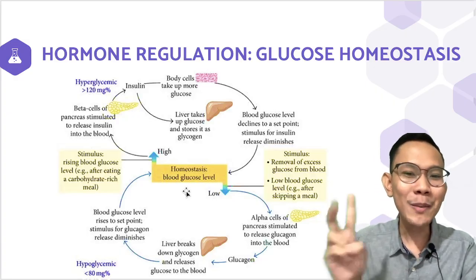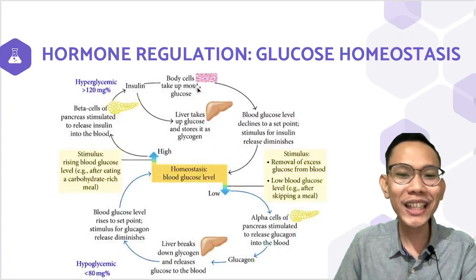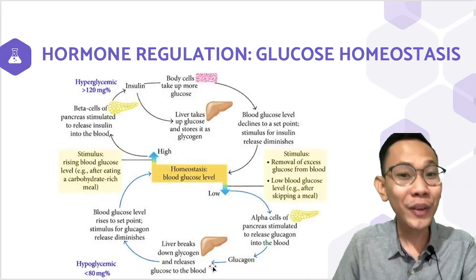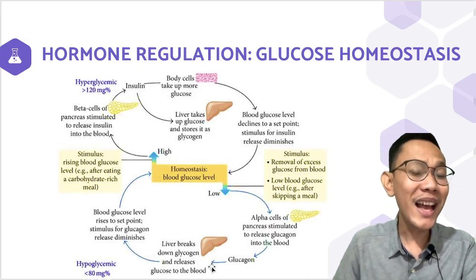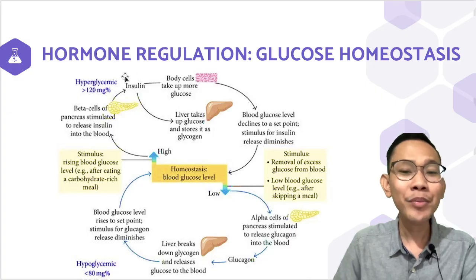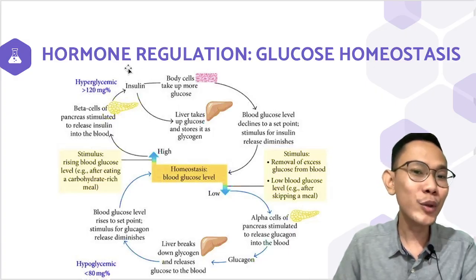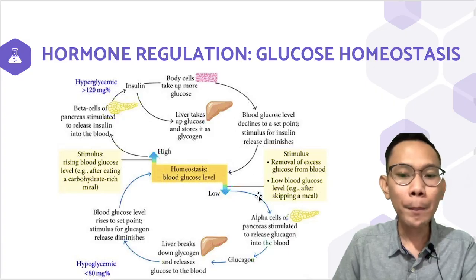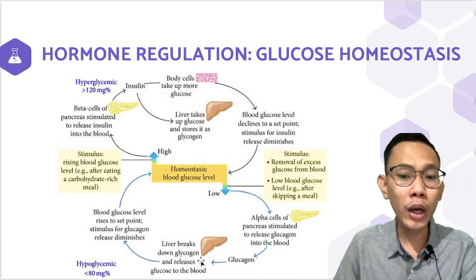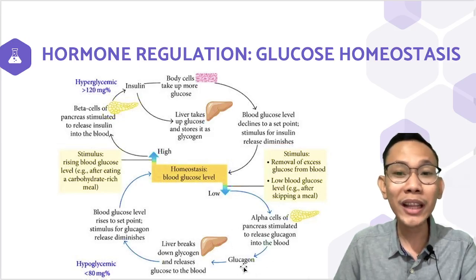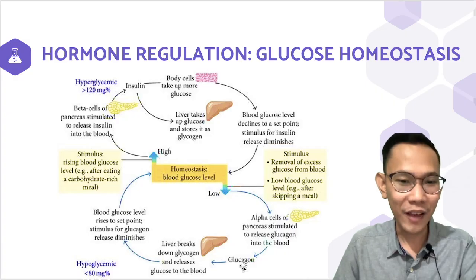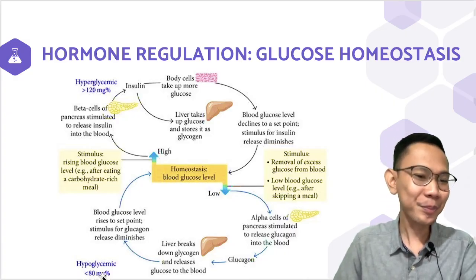So again, the two most important hormones na diniscuss natin dito is your insulin and your glucagon. Their effect is opposing. Pag mataas ang sugar level, insulin ang mag-e-effect para gusto nating mawala yung sugar. Pag mababa ang sugar level, glucagon ang mari-release because gusto nating tataas ang sugar level. I hope that is clear.